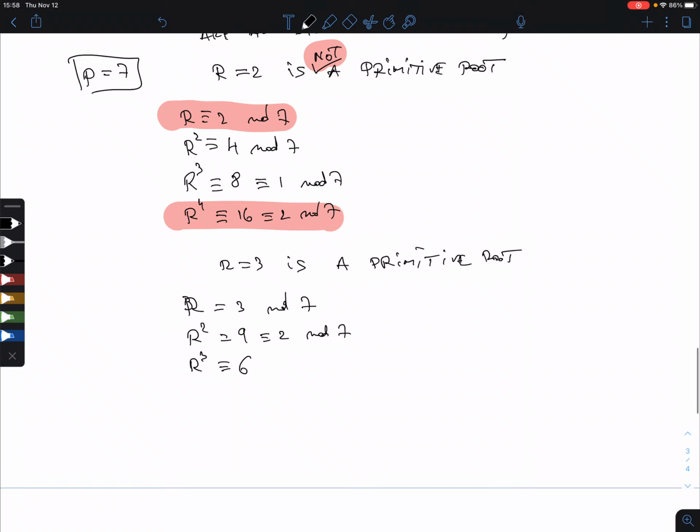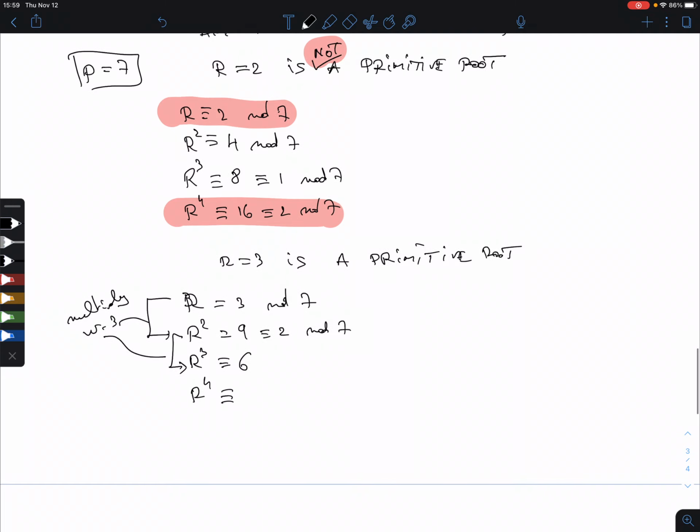So this is 6. So what I'm saying is multiply with 3. That's how I do this. And here I do the same thing. This is all the same procedure. And so I keep doing this. So for R to the 4th, multiply the number that you have, on both sides, with 3. Well, I wrote here R. Perhaps I should have written 3 here.